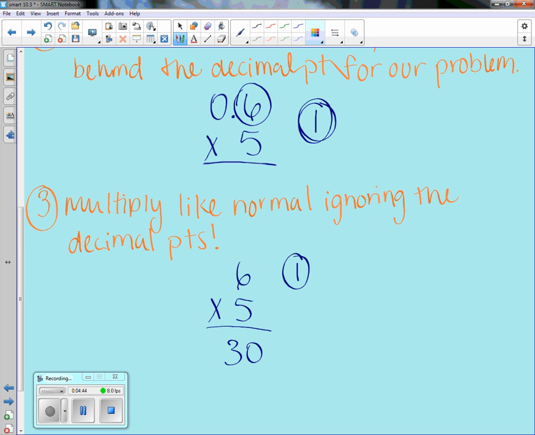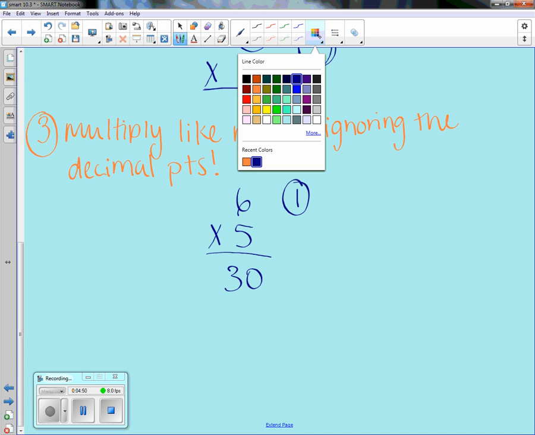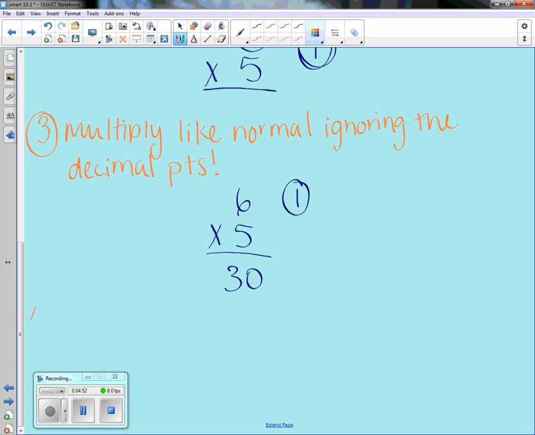Now our fourth step is going to be to use your circled number to tell you how many places to the left to move your decimal point. So we're going to move the decimal in our answer to the left.